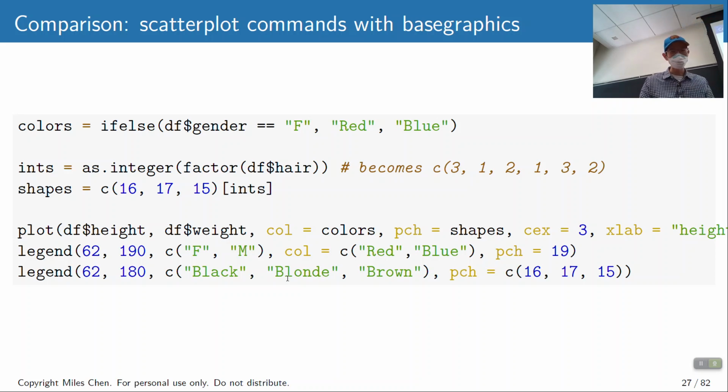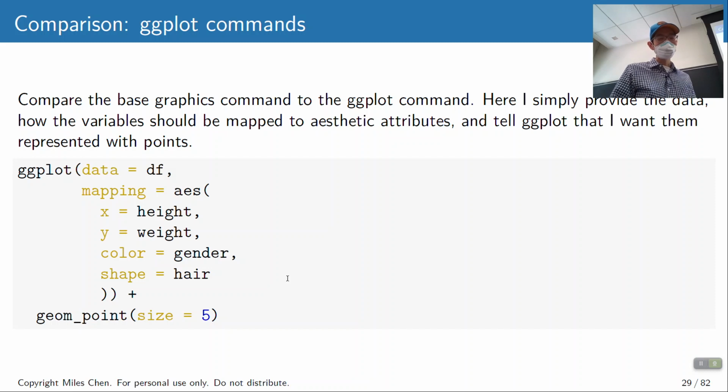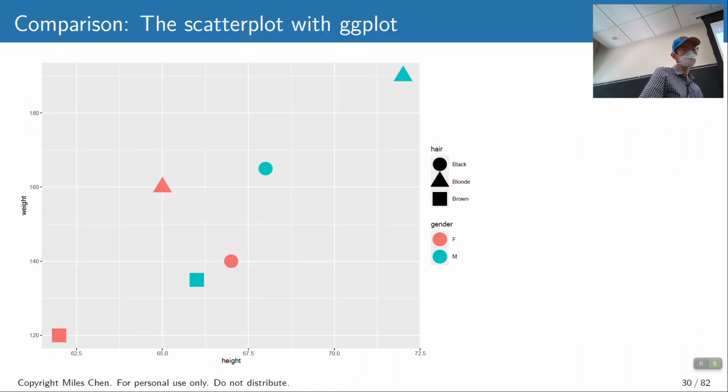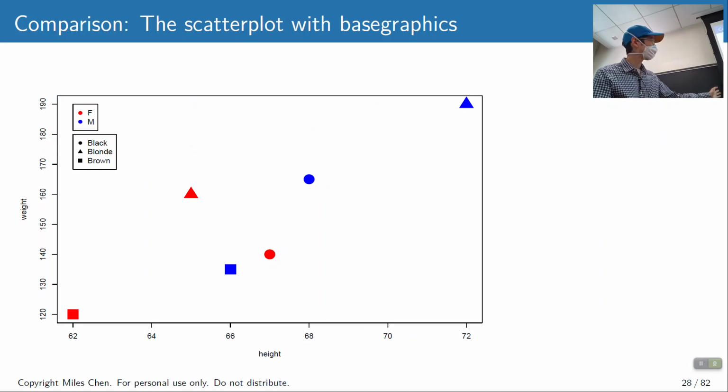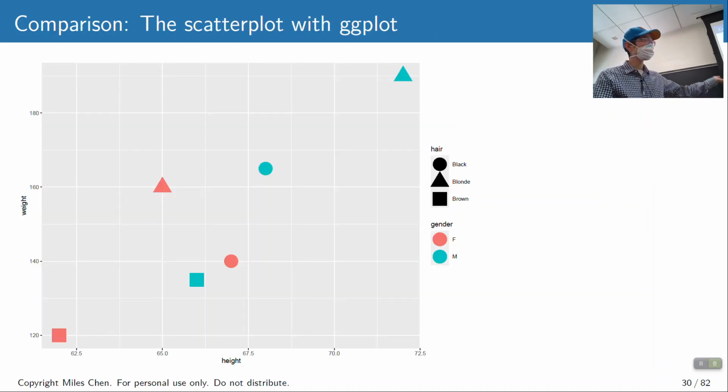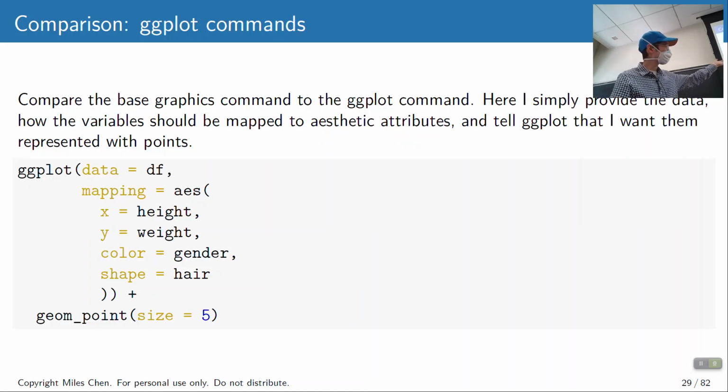It can be done, but it's tedious. So thankfully, when you do it with ggplot, it does it for you automatically. It'll create these legends for you, which is really nice, right? So this is the same plot, we just tell it how to map the attributes.